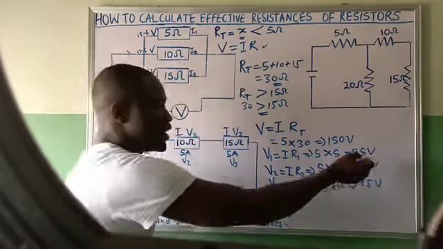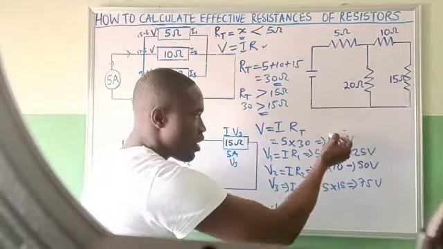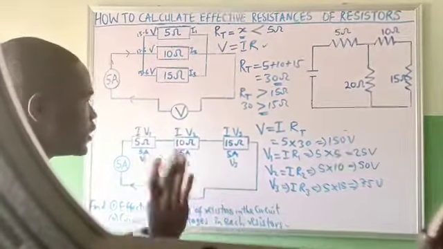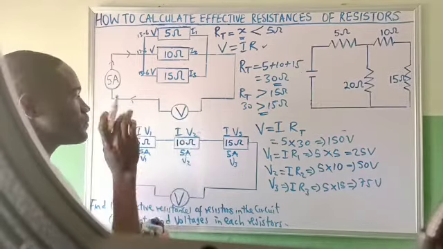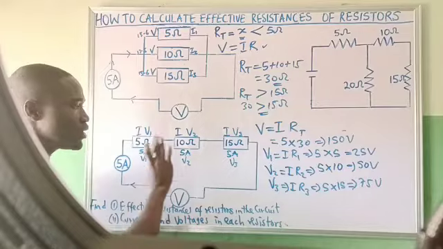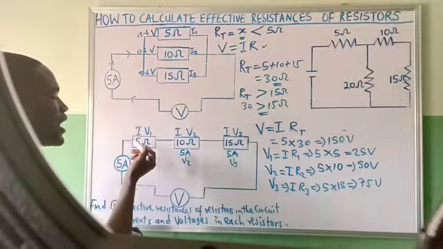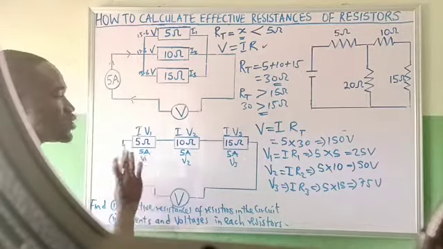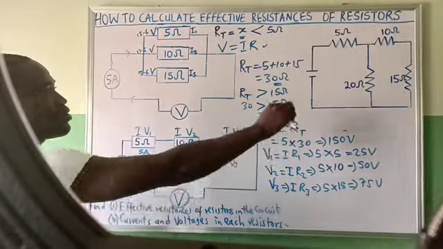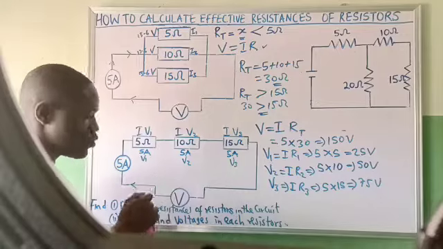If you calculate the total of this, it will give you 150 volts. We are done with the calculation of each of the resistors' voltages, and we have noted that their individual current is constant for all of them. Yes, we now go to this question.